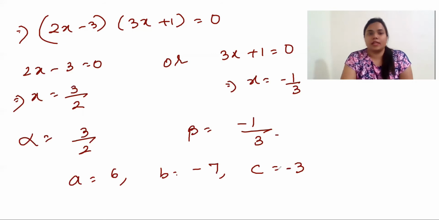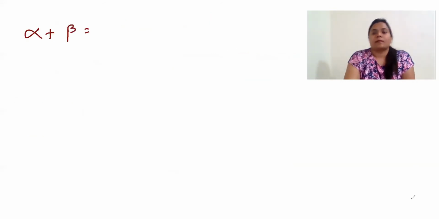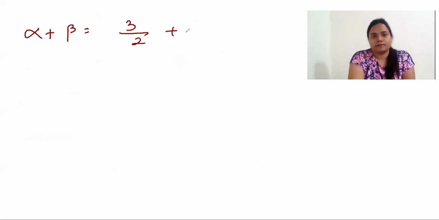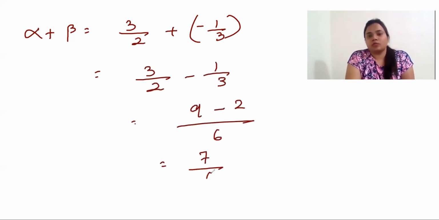Now we have to verify the relations. Alpha plus beta is equal to 3 by 2 plus minus 1 by 3. This is equal to 3 by 2 minus 1 by 3. This is equal to 7 by 6.